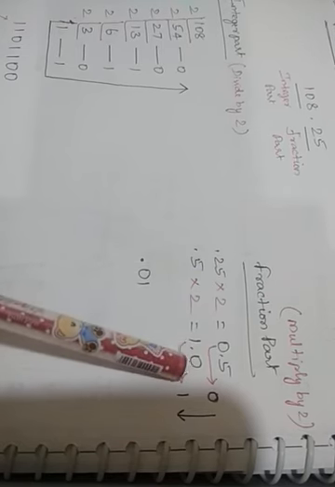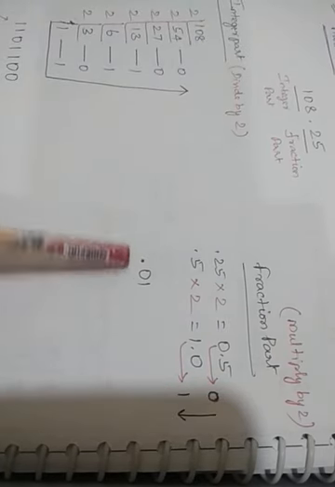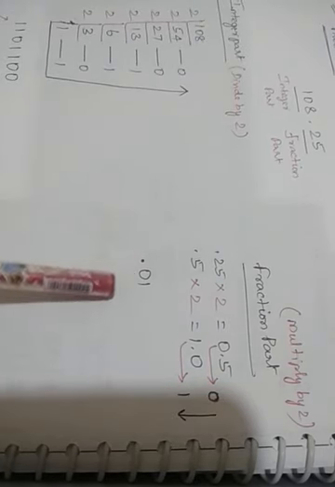Then I get 1.0. At this level the fraction part is 0, so we cannot continue the multiplication further. Writing top to bottom, I get 0.01. Then the final answer is 1101100.01, the binary value.